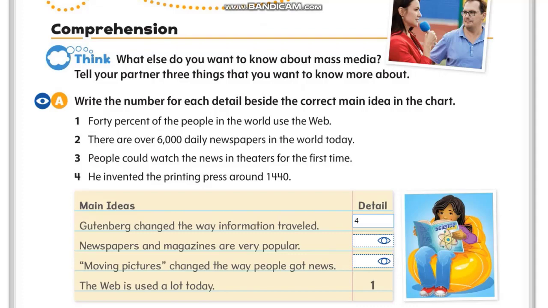Which supporting detail support this idea? Number 2, there are over 6,000 daily newspapers in the world today. Moving pictures changed the way people got news. For sure, number 3, people could watch the news in theaters for the first time.